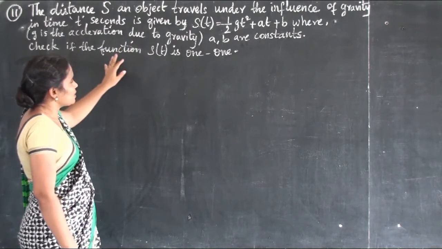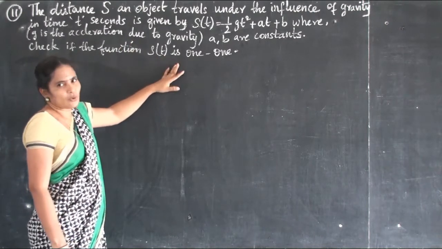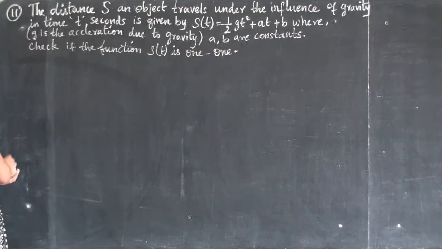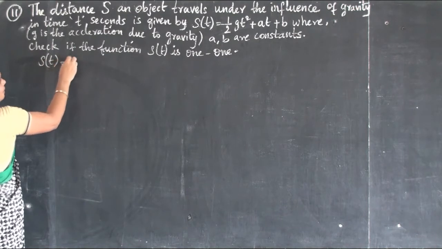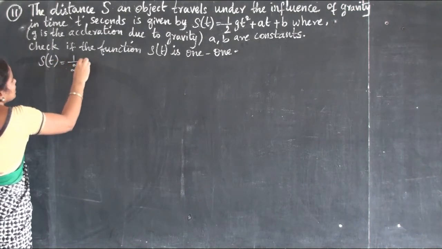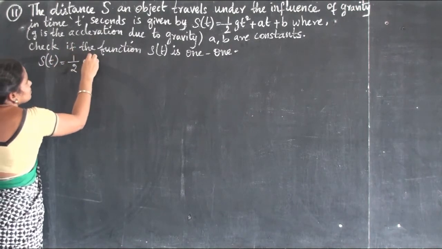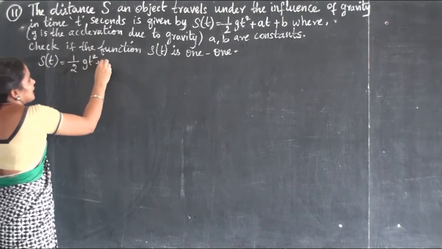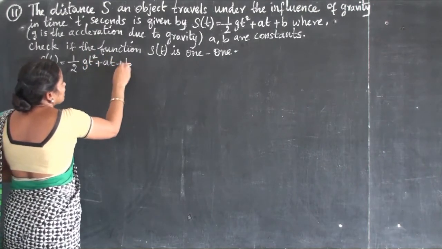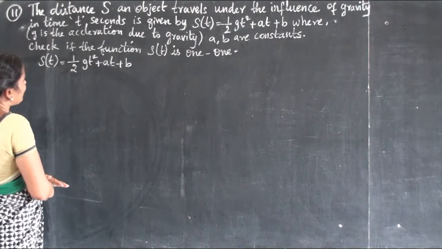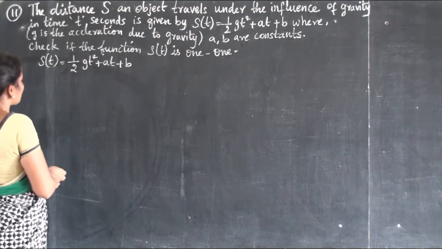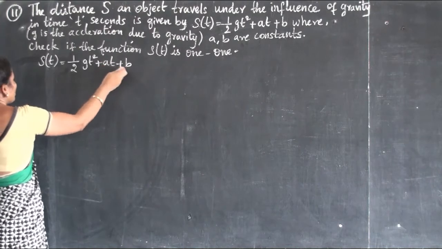Check if the function s of t is a one-to-one function. Okay, to find this, first take s of t is equal to 1 by 2 g t square plus at plus b, where g is the acceleration due to gravity, and a and b are constants.